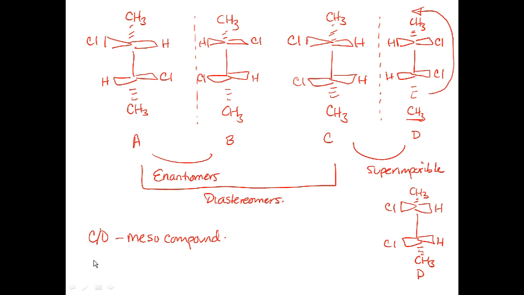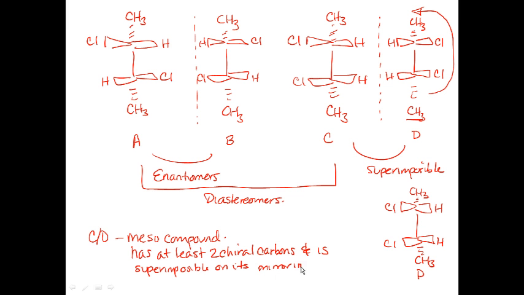Well, there's lots of ways to define it, but a meso compound has at least two chiral centers, or at least two chiral carbons, and is superimposable on its mirror image. That's the definition of a meso compound.